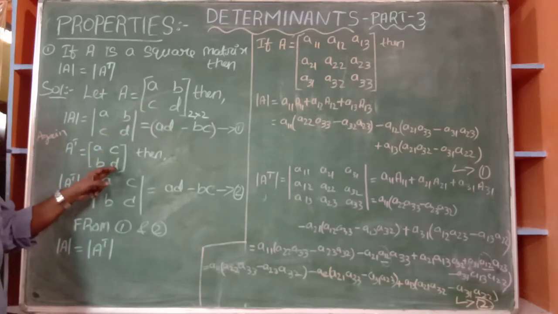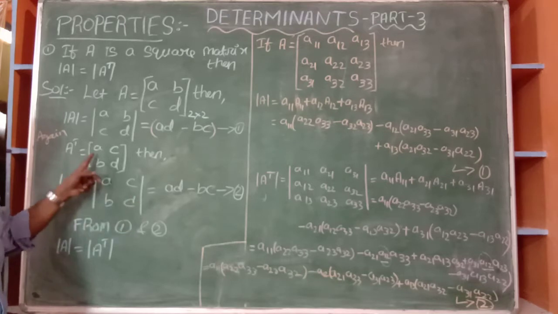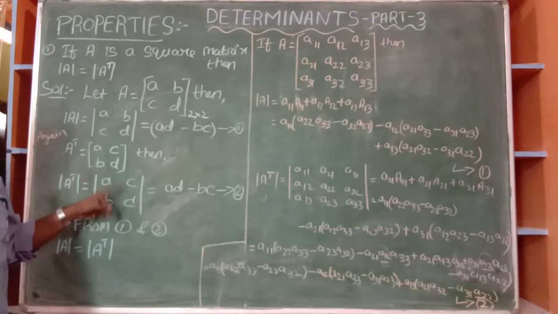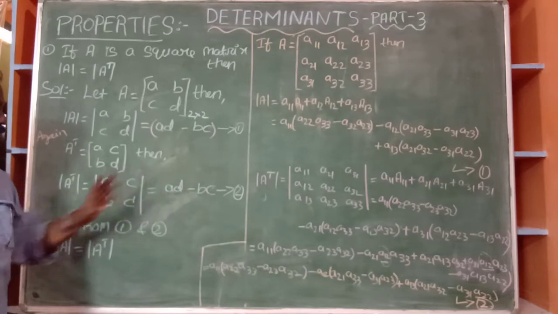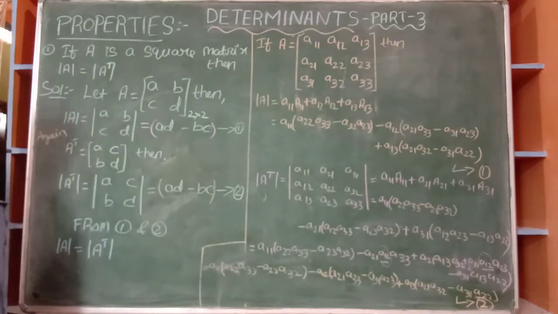We already solved this in the matrix topic. For A transpose, the determinant notation with vertical bars is a, c; b, d. It is also ad minus bc, the difference of the product of elements in the two diagonals. So ad minus the same bc. So it is equation 2.